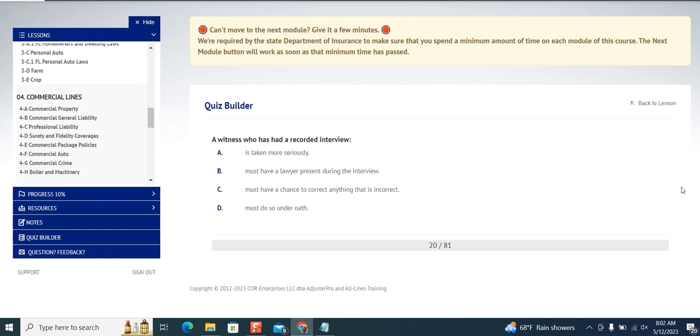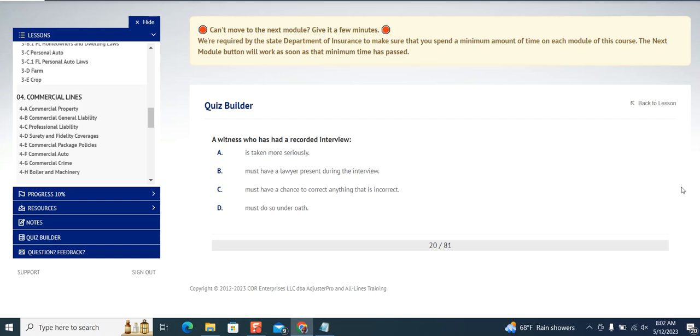A witness who has had a recorded interview is taken more seriously, must have a lawyer present during the interview. Well, we know that ain't true at all. Y'all get to talking, no matter what. Must have a chance to correct anything that is incorrect. A witness who has had a recorded interview. Where's the rest of the question? I'm confused.